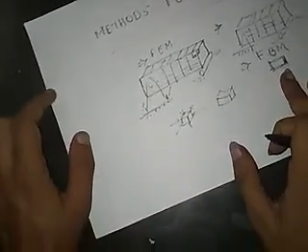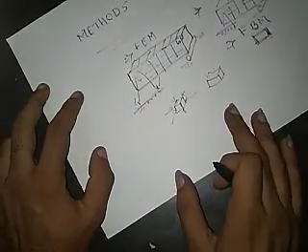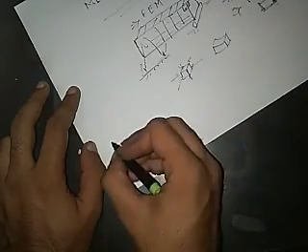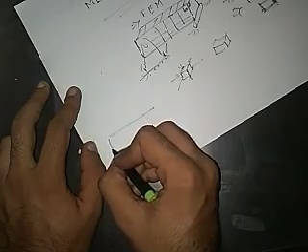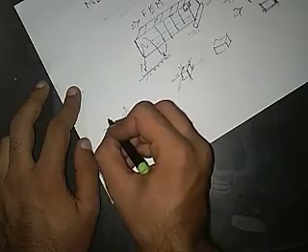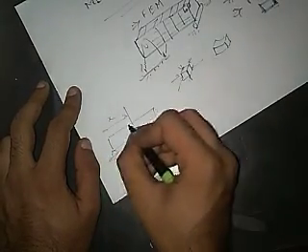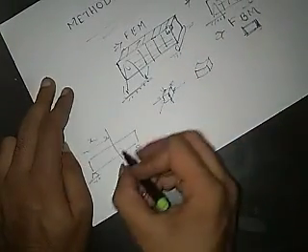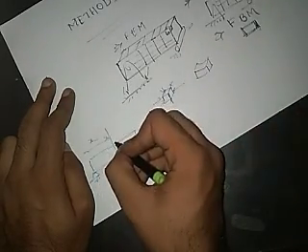Then there is another method which we widely use in undergraduate courses, which is the method of sections. Just cut a section at distance x, say if this is x, and see what is happening there.